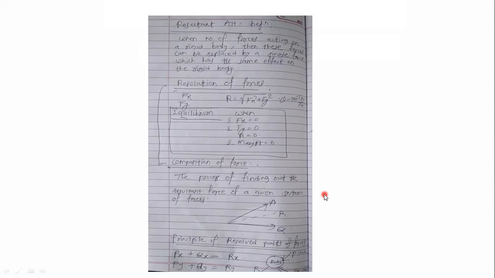certain norms, you have to apply certain formulas, such as here force Q is horizontal, so therefore Q cos of 0, and cos of 0 will be equal to 1. Okay, then again you have to split the force P, that is P cos theta and P sin theta.